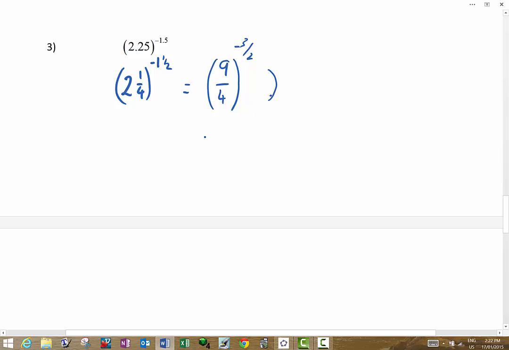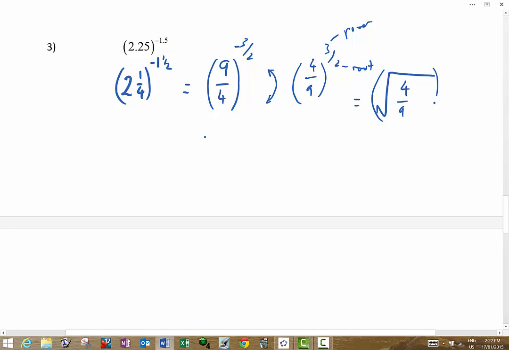First off, let's deal with the negative exponent. So 9/4 to the minus 3/2 is the same as 4/9 to the plus 3/2, and then we should recognize that the 3 is the power and 2 is the root, so this is the same as the square root of 4/9 cubed.